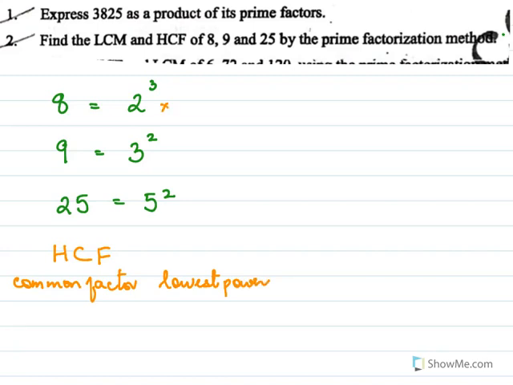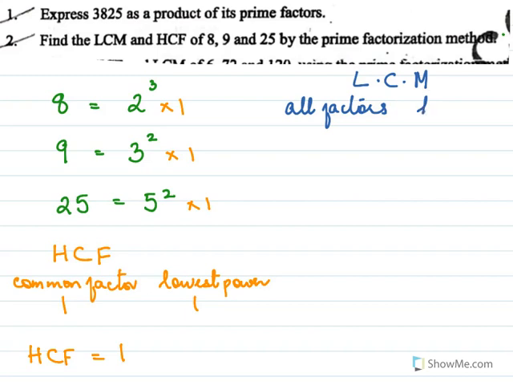And if you see here, there is no common prime factor, but you could put it into 1. This is just factorization. So common factor 1, lowest power 1. So HCF equal to 1. To find LCM, we do all factors and highest power. So factors are 2, 3 and 5.